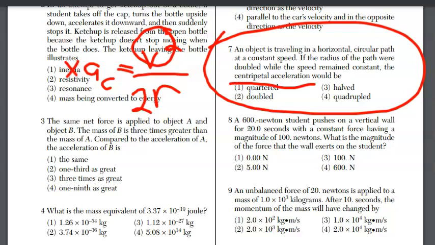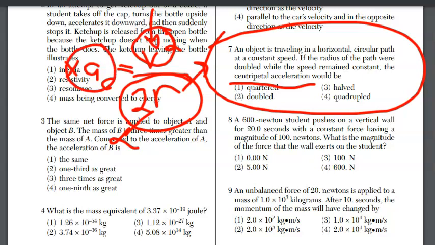Well, looking at the equation, what you have here is known as an inverse relationship. Since the denominator on the right-hand side is getting larger and the velocity is not changing, then the acceleration must be getting smaller. And if I double r, I'm going to have a half.